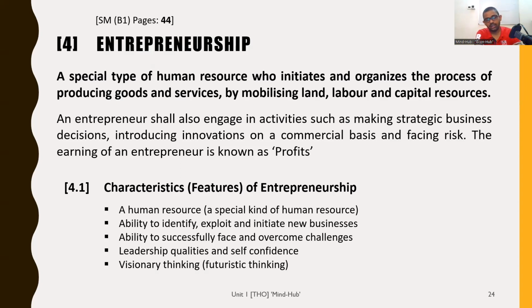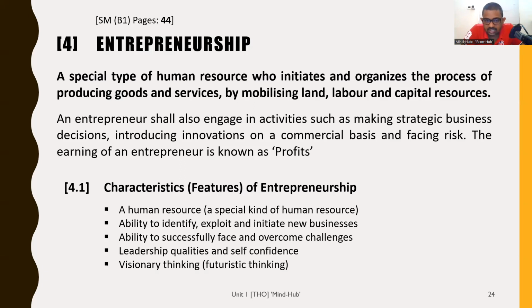Now, what makes entrepreneurship special from the other factors of production is, first, it is a human resource, but it is not just a human resource. It's a special kind of human resource. What makes an entrepreneur special is the functions that the entrepreneur performs, what the entrepreneur really does in the business.